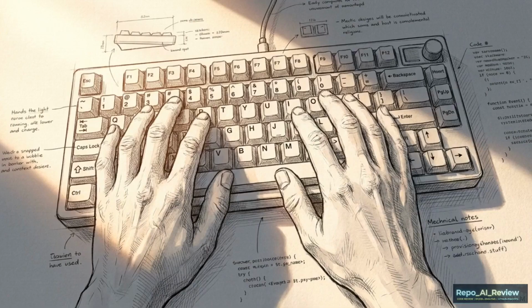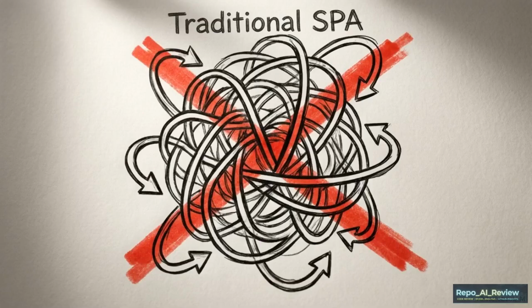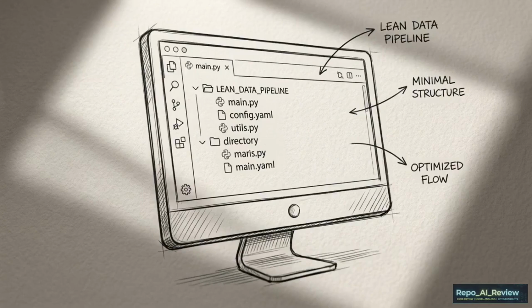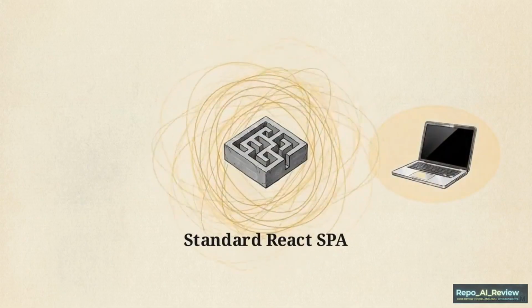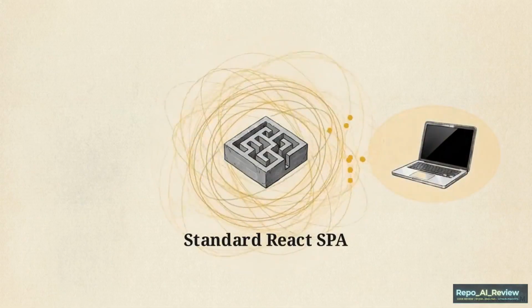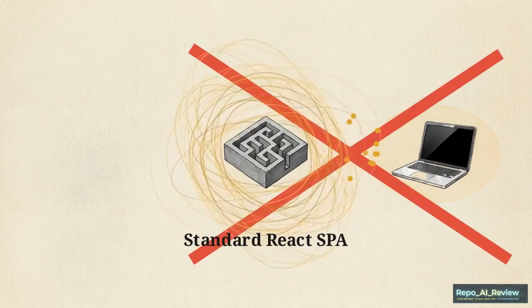Delivering this level of performance required a specific set of engineering choices. The developers explicitly rejected the current industry standard. They built this platform without using massive JavaScript frameworks. This map represents a standard React single-page application. The architecture is dense, reliant on looping state cycles and heavy client-side processing.